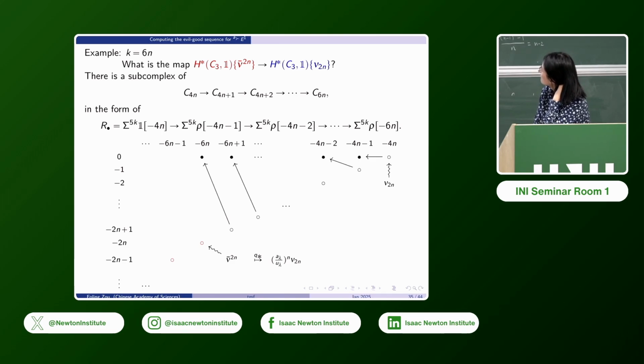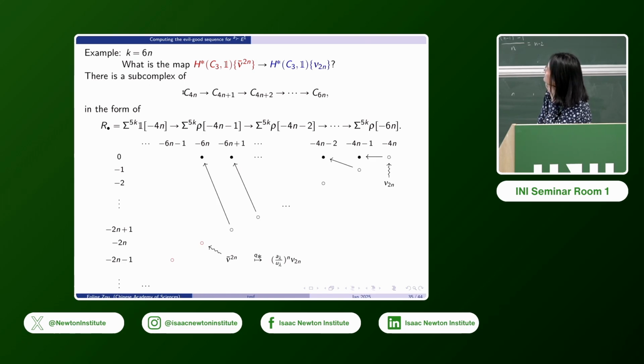It comes from this mu 2n, because we computed it by an x, so we know which representation it comes from, and it comes from, let me think, some element in co-simplicial degree C6n.